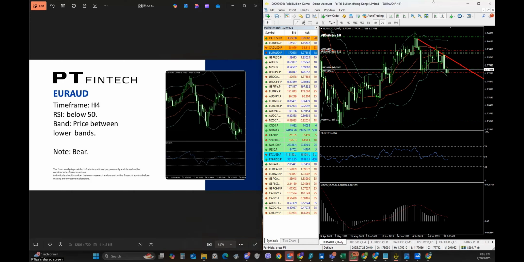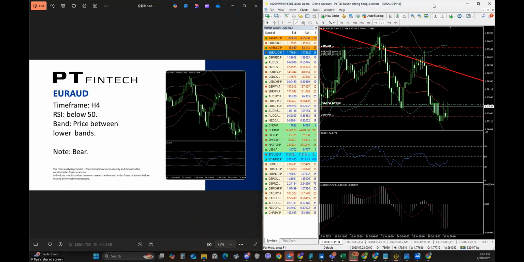Now let's move on to H4, to see if we also see the same information. On H4 it's nice too, it aligns with more bearish momentum. RSI is below 50. The dual Bollinger bands, prices were between the lower bands, but not anymore. Now it's in between the 1.0 deviation bands.